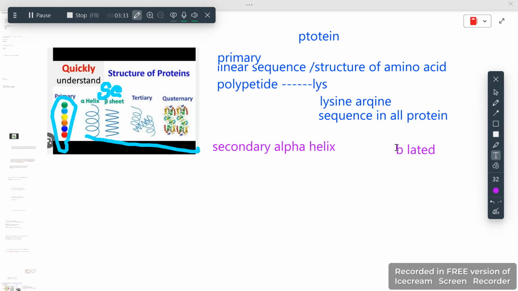So alpha helix is like, let me just take a color. I'm making alpha, which is like this, which is known as right-handed, and beta pleated would be like this one, the zigzag. And you can also look at the picture, it is the same.